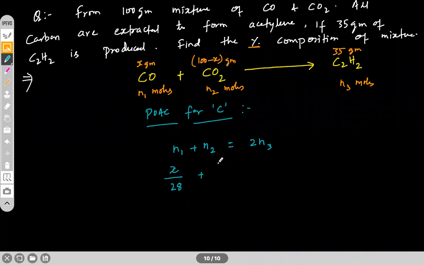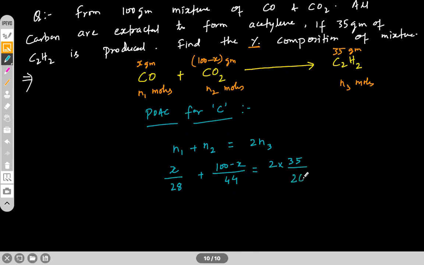Plus N2 is 100 minus X divided by molecular mass of CO2, which is 44. This is equals to 2 times the mass of acetylene given, 35, divided by molecular mass of C2H2, which is 26. Just you need to solve this and get the value of X. That is your answer.